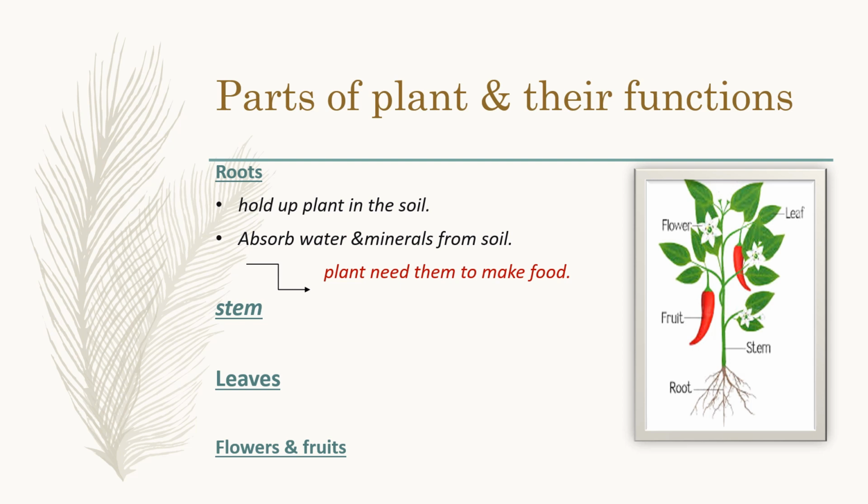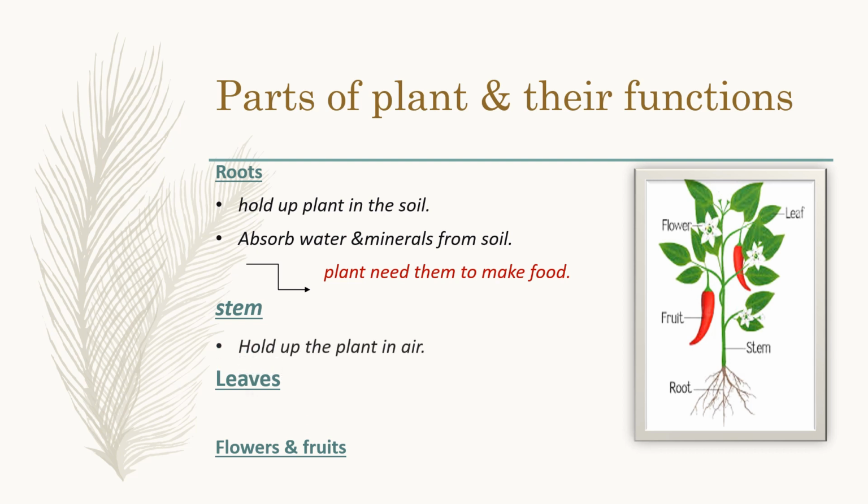And what else? They absorb water and minerals from the soil. Why does a plant need water and minerals? Plants need them to make food. Okay, again, roots hold up or fix the plant in the soil and absorb water and minerals from the soil.